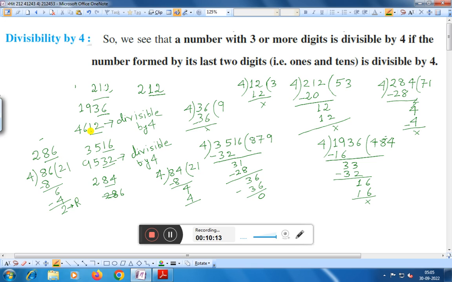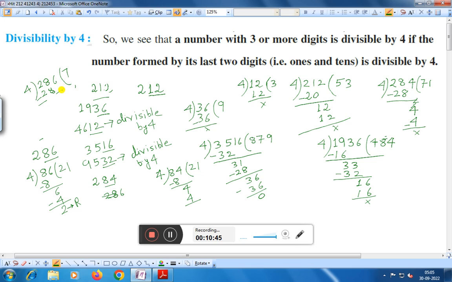Let us divide 286 by 4. 4 sevens are 28.